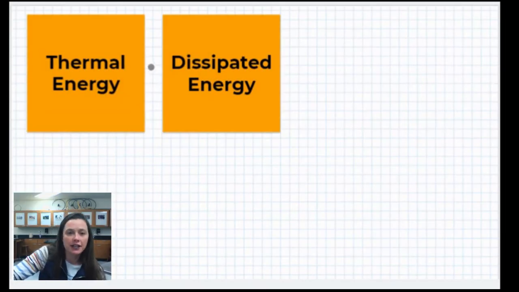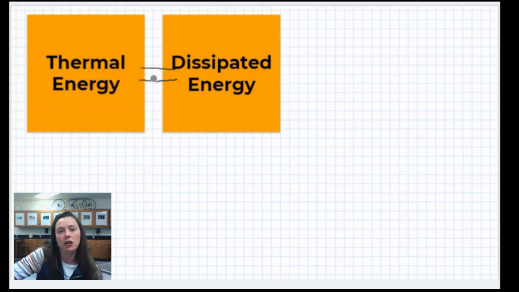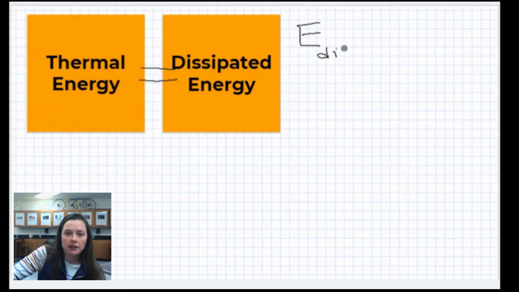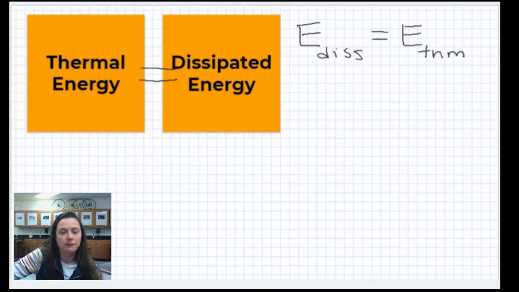In our study of physics, we will consider thermal energy and dissipated energy to be equivalents. We will abbreviate them E subscript dis for dissipated energy, or sometimes E subscript thermal, or THM, to mean thermal energy.